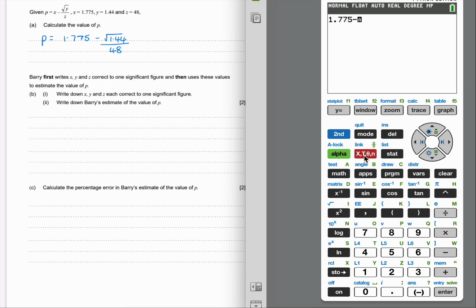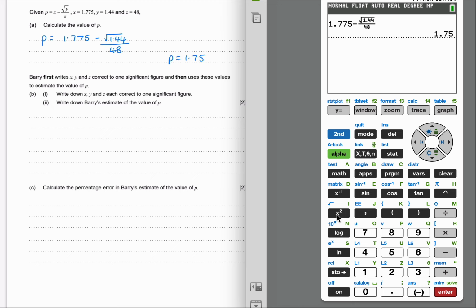The fraction is the green one and the one next to it. And I have the square root, so this one here, 1.44 all over 48. And I can see there that my answer is 1.75, so p is equal to 1.75.